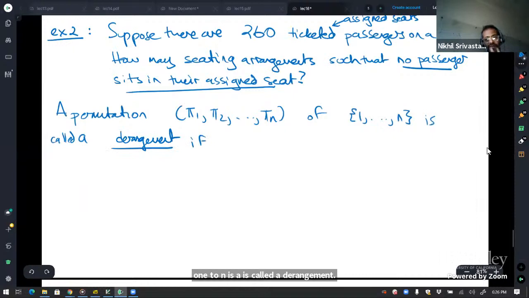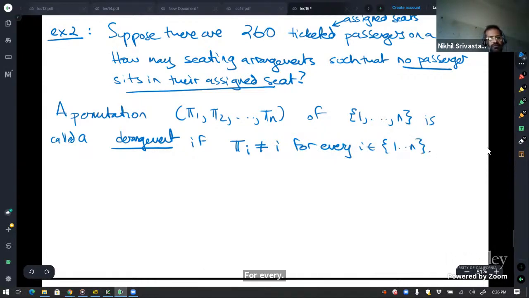if no number gets mapped to its position. So if pi i is not equal to i for every i in this set. So seating arrangements with this property are just derangements.